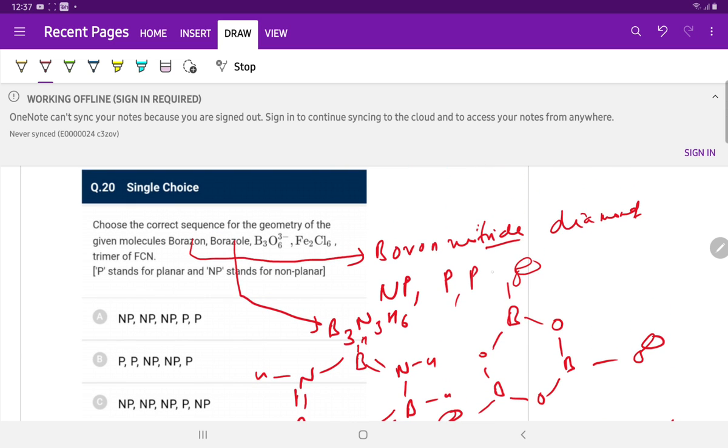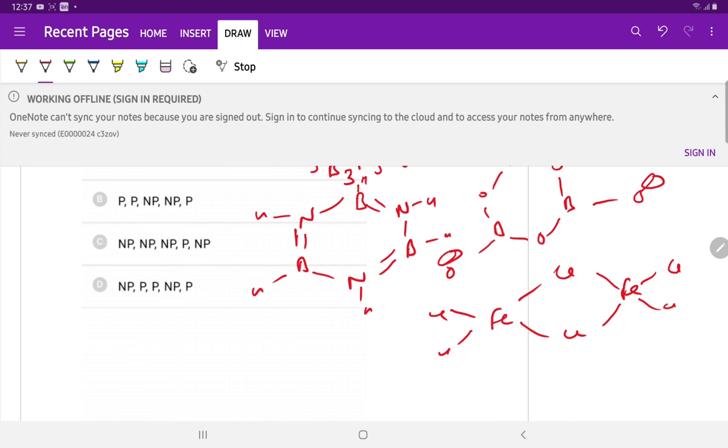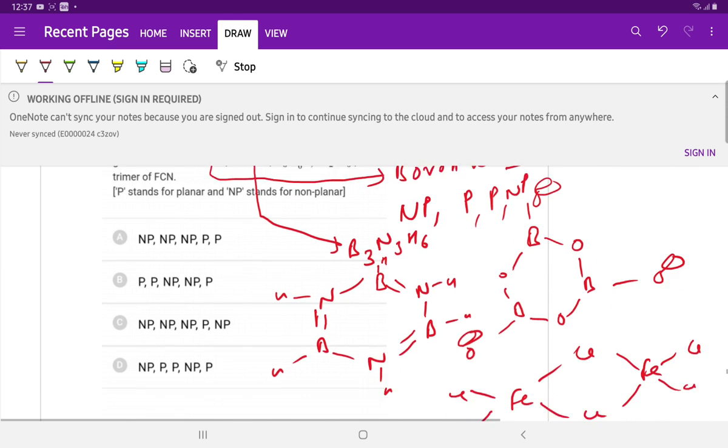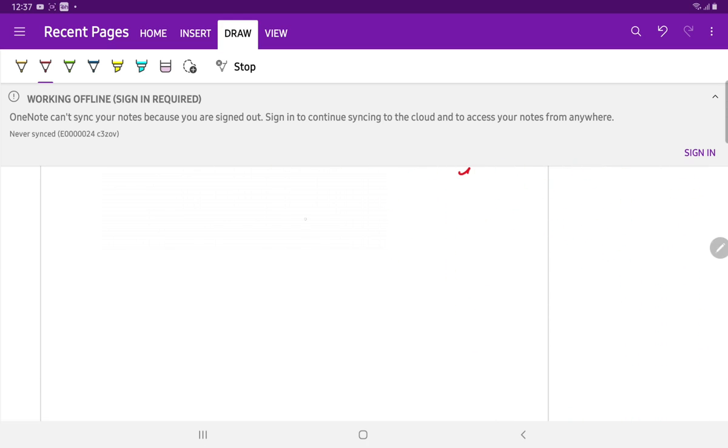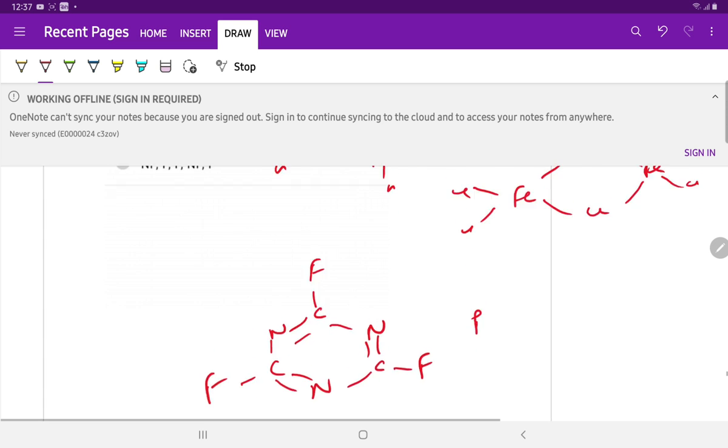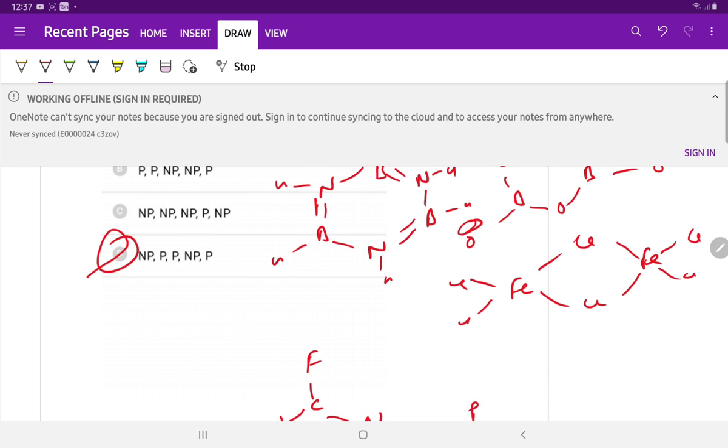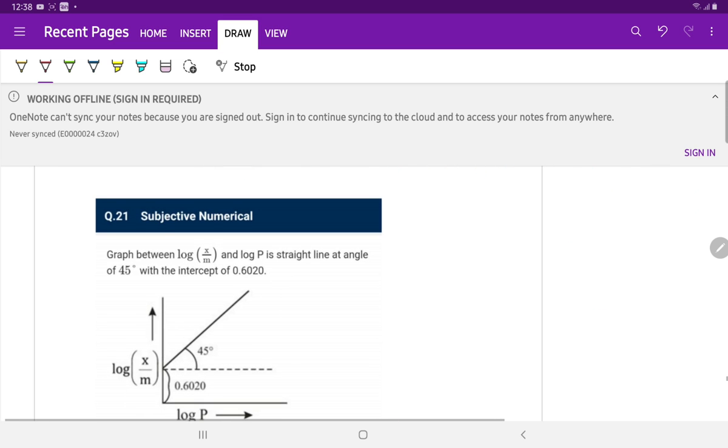So the sequence is NP, P, P, NP, and there is FCN, which is also planar. So I think option D is correct: non-planar, planar, planar, non-planar, planar. We'll move to question number 21.